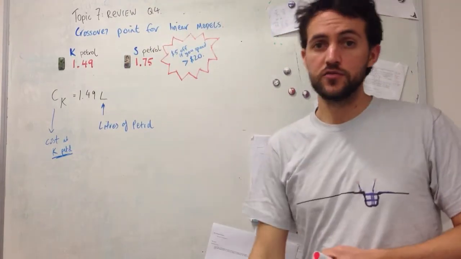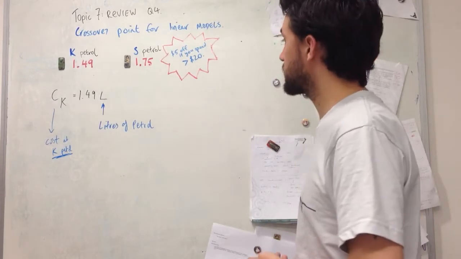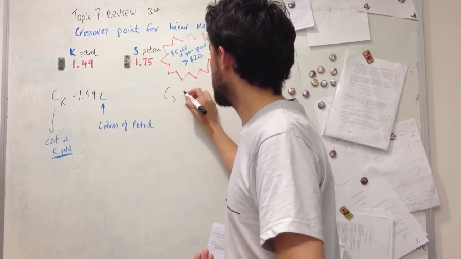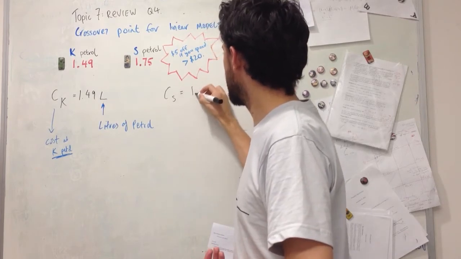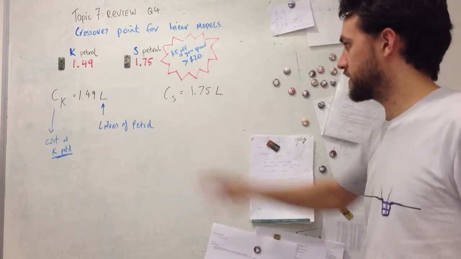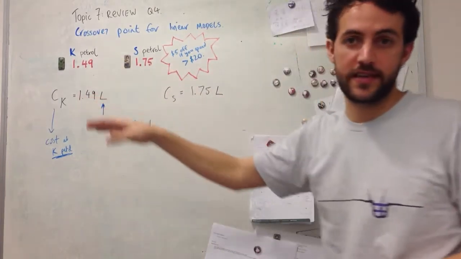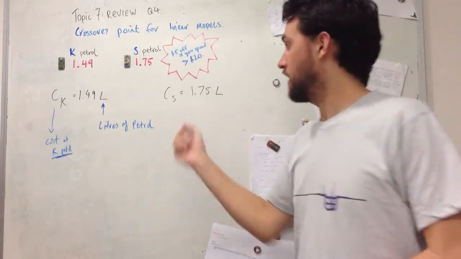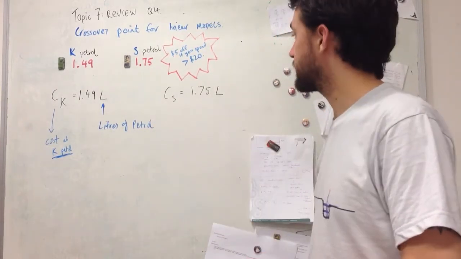For S petrol, we have something slightly different going on. Usually my cost at S petrol is just going to be 1.75 L. And if these were the only costings, then there's no number of litres other than 0 litres for which the costs would be the same.